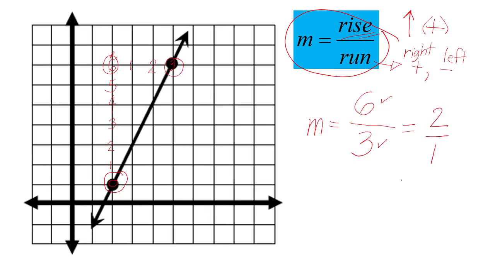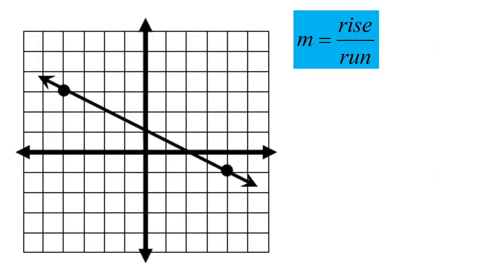That's 2 over 1 or simply 2. So the slope for example number 1, the slope of the line is 2. Okay? Questions about example number 1? None. Okay, let's proceed with example number 2 for further clarification.